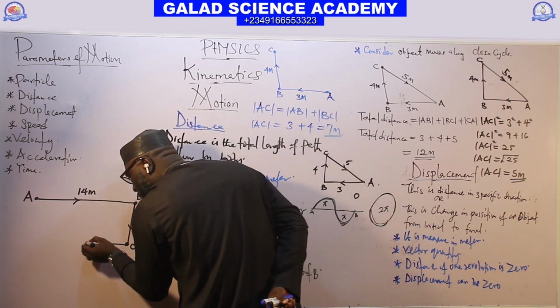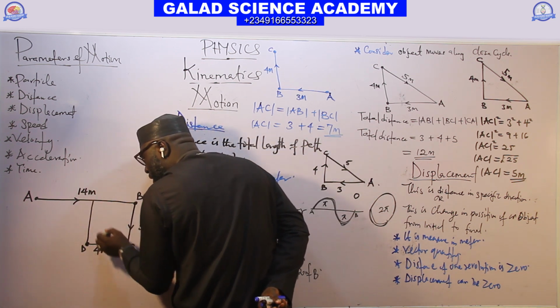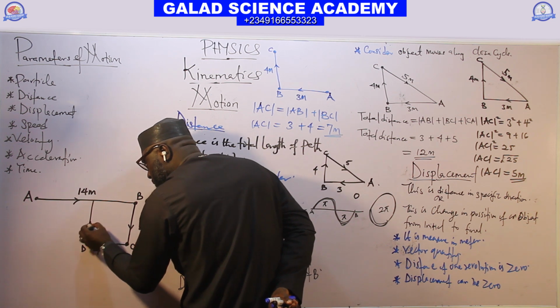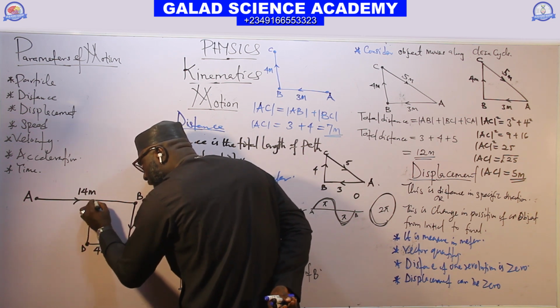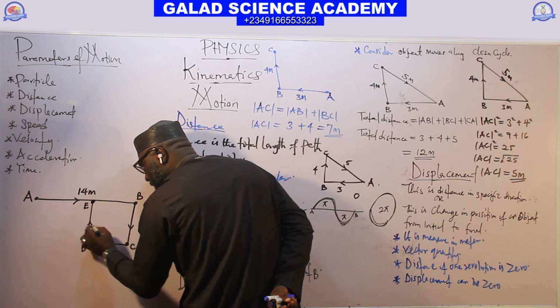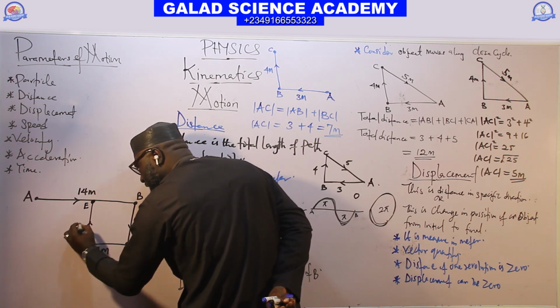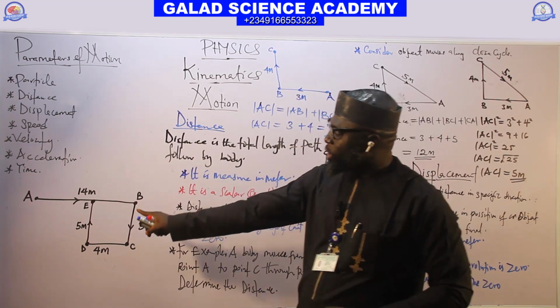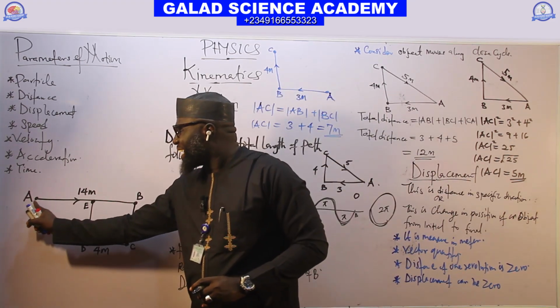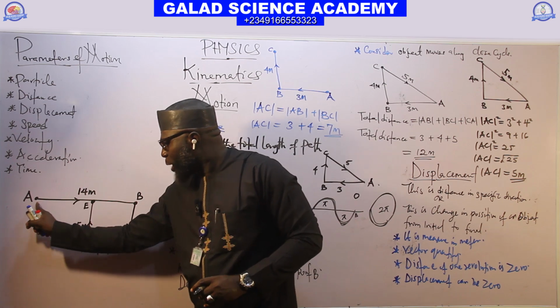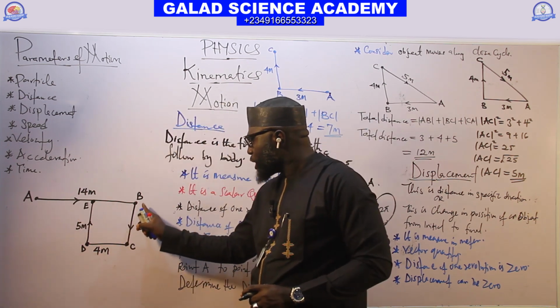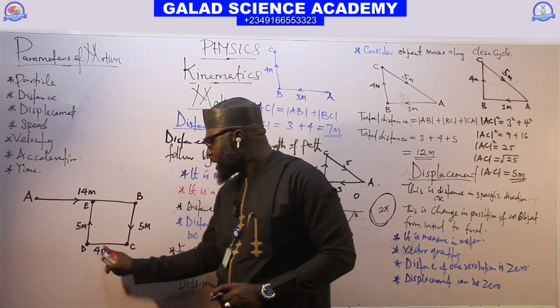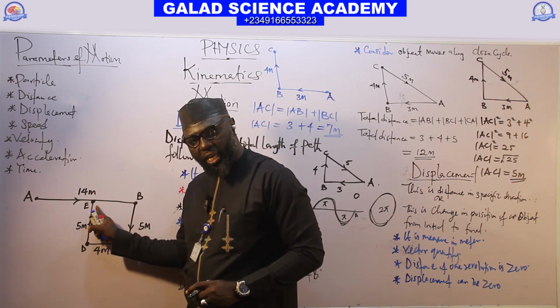So it now goes from this D back up. This point here is called E. And the distance between D and E is also 5 meter. You are now asked, what is the distance of the object that moves from A to B, B to C, C to D, D to E?